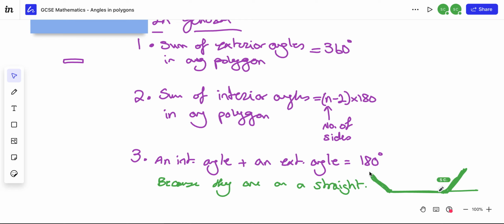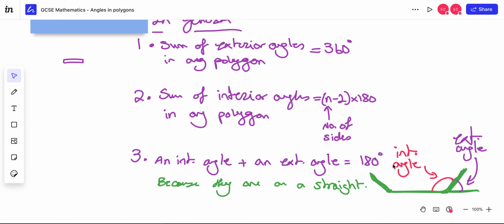This angle here is my exterior angle, and the one inside, of course, is my interior angle.